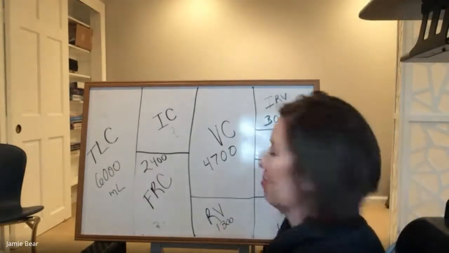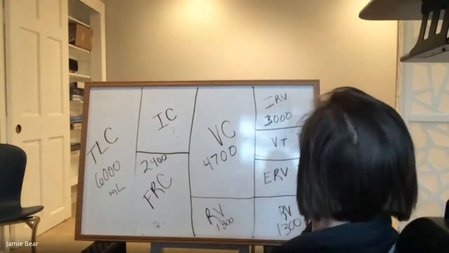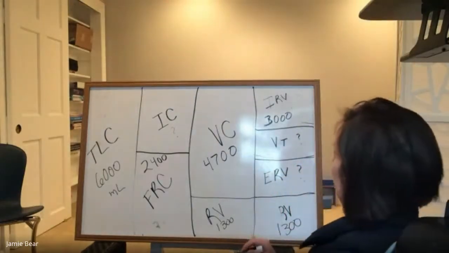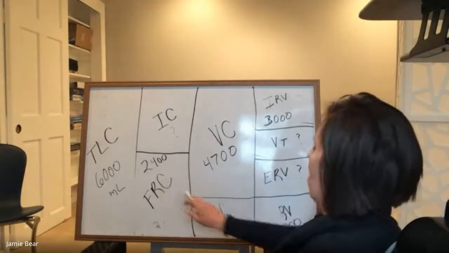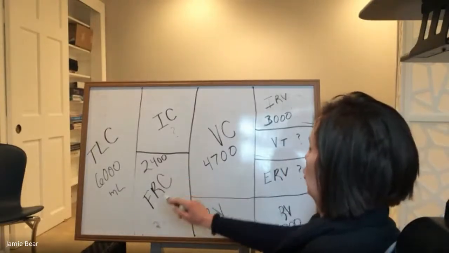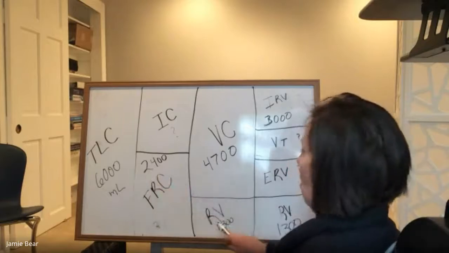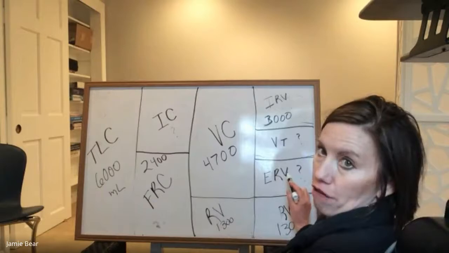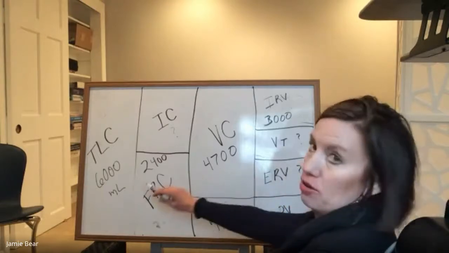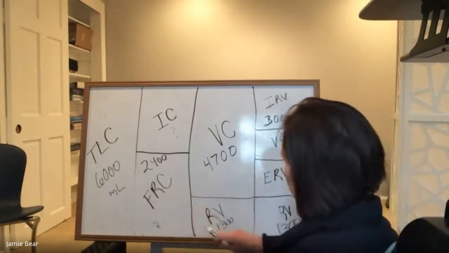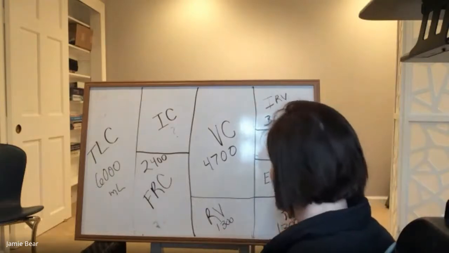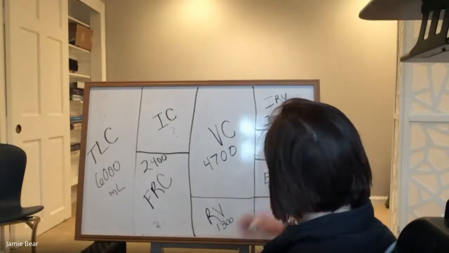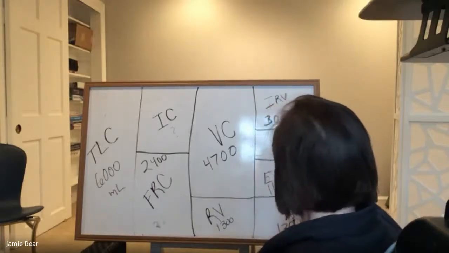of the needed volumes. So then I still see that I need to find ERV. Well, ERV, let's see. FRC minus RV. So if I say 2,400 minus 1,300, what's left is my ERV, because ERV and RV equals FRC. So 2,400 minus 1,300 gives me my ERV of 1,100. Great.